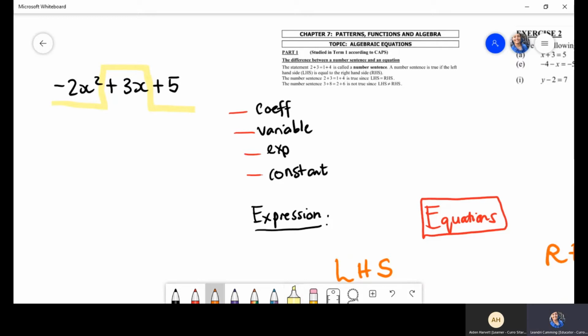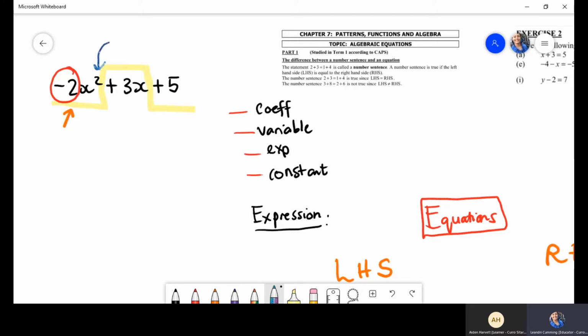And I'm going to remind you of the separation technique that we applied so that we can clearly see where our different terms are. Now let's look at what is my coefficient. My coefficient of x squared, exactly, x squared. That coefficient is a -2. And then x would be my variable, and in this case I have an exponent there.